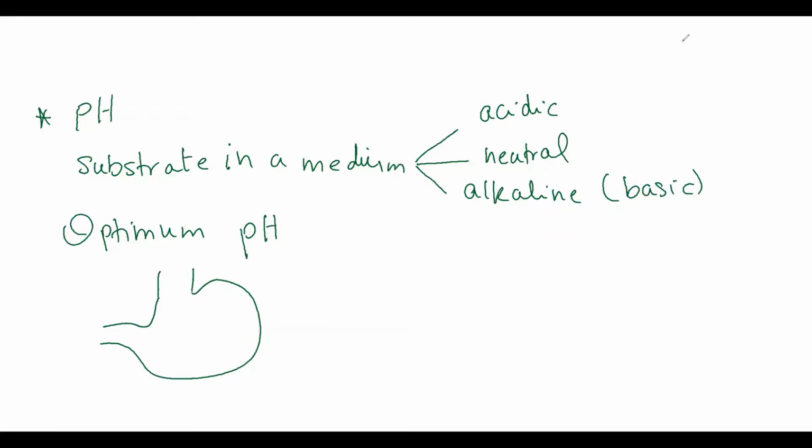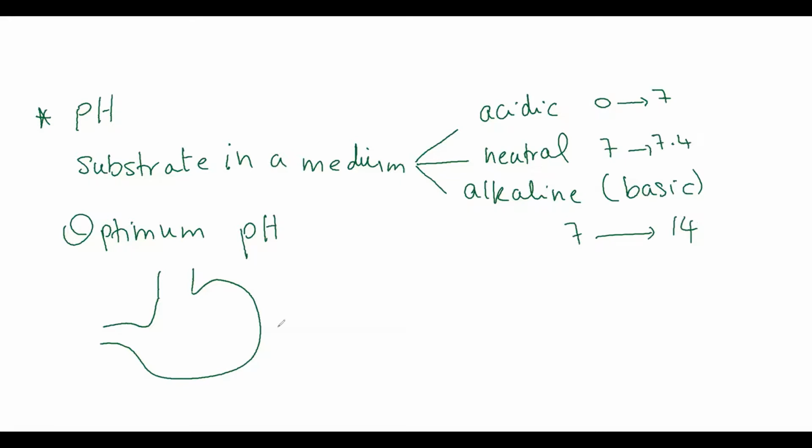You know, guys, that the acidic pH is from 0 to 7, the neutral is from 7 to approximately 7.4, and the basic is from 7 to 14. Okay, these numbers are found on the pH meter, from which we can know the pH.